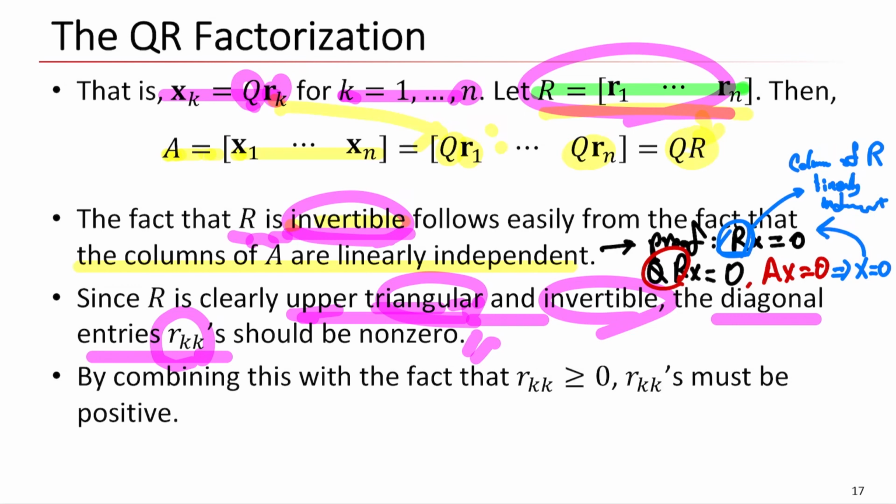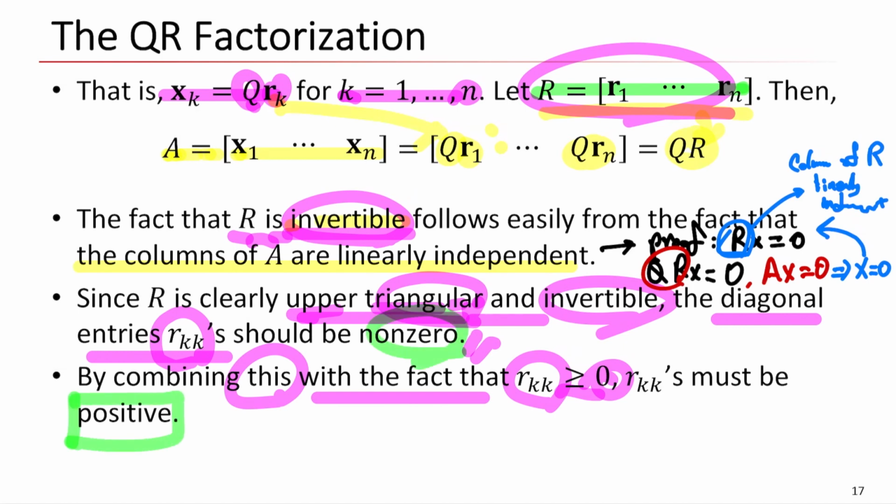Combining this with the fact that rkk is larger than or equal to 0, rkk must be a positive value, because non-zero and larger than or equal to 0 make it positive. Okay, so this is the proof of the QR factorization.